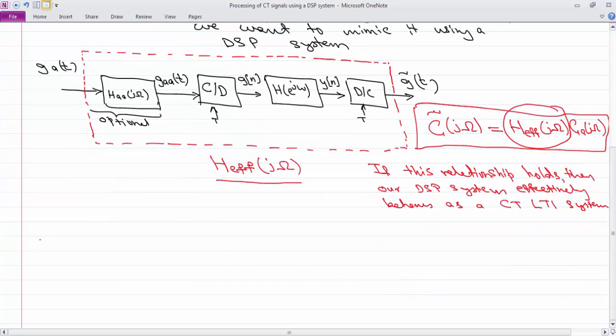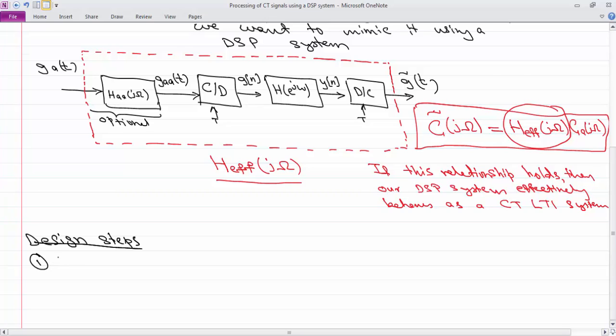Okay, so the design steps, if you want to do this, are the first step is someone comes to you and says that I am interested in a system that acts in a certain fashion, and that fashion of that system, the system is described through the impulse response or the Fourier transform.